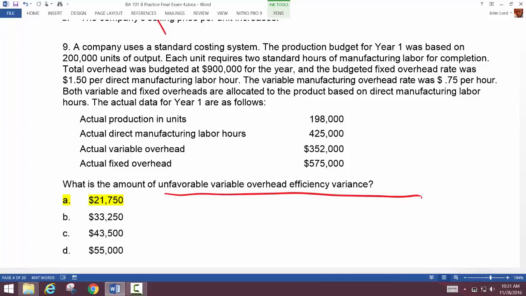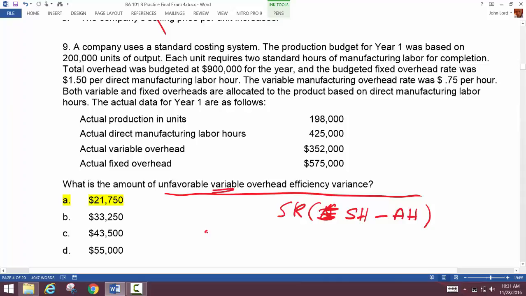If I'm going to be using efficiency variance, I need the standard rate, and this one's hours, isn't it? Standard hours minus the actual hours. Do I have a standard rate?